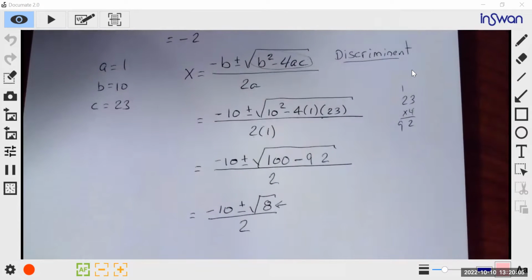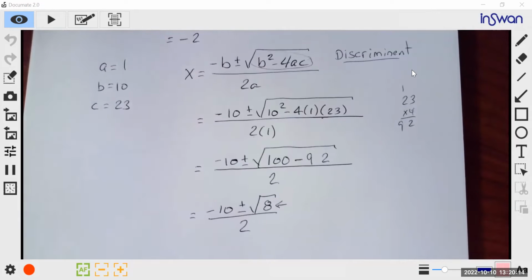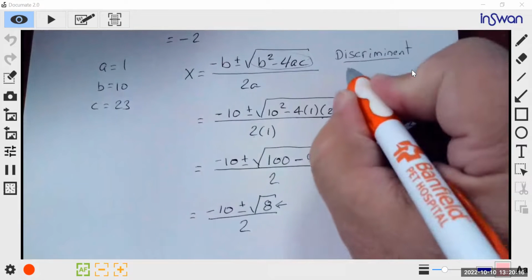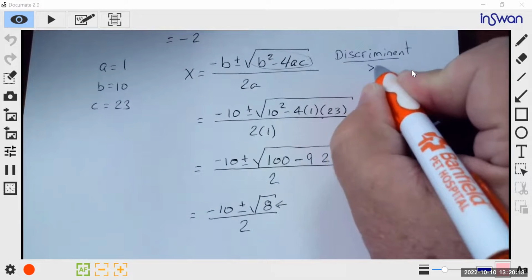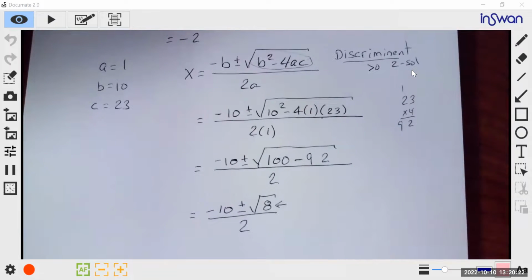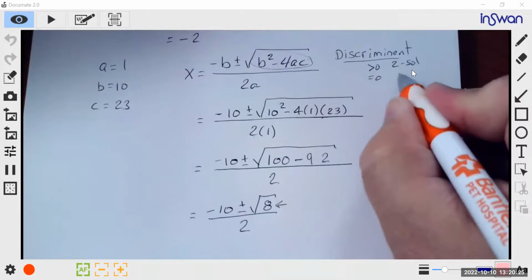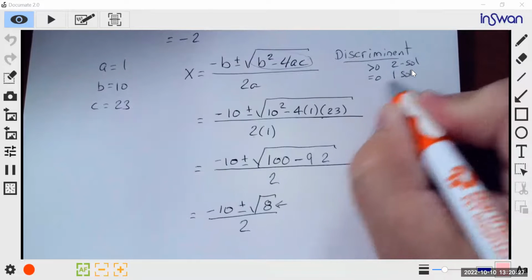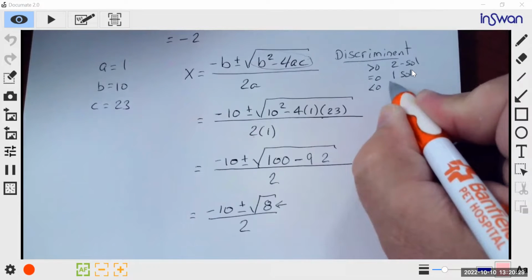What does the discriminant tell us? It tells us the number of answers we're going to have, how many intercepts. If the discriminant is positive, we have 2 solutions, 2 x-intercepts. If it's equal to 0, we get 1 solution. If it's negative, we get no solutions.